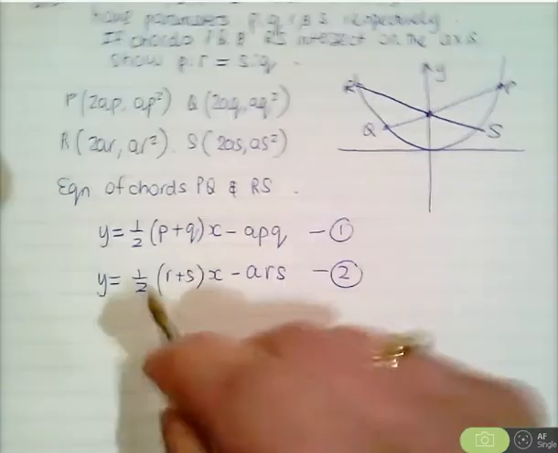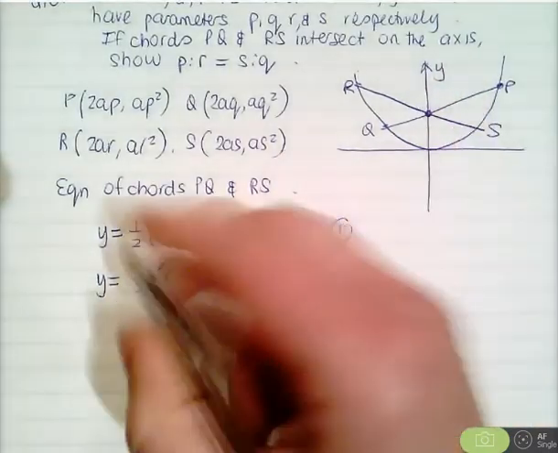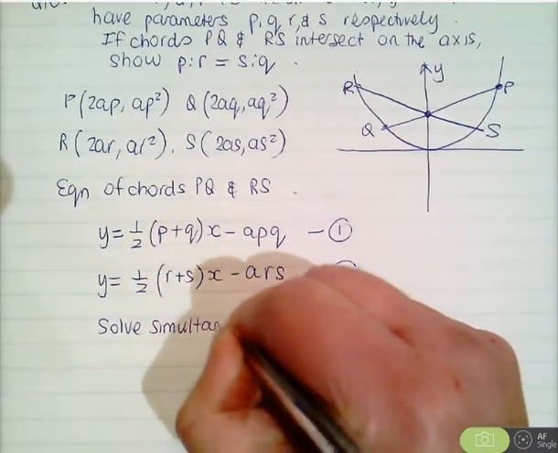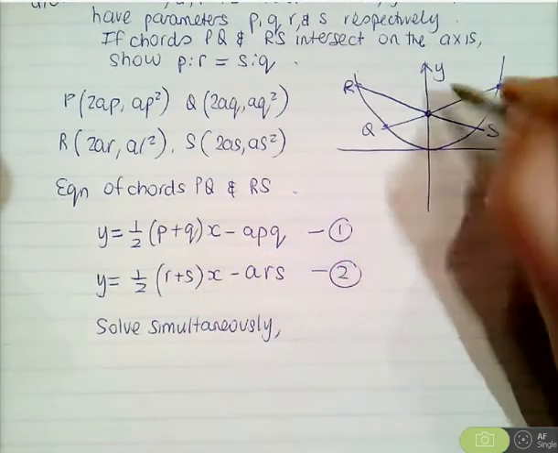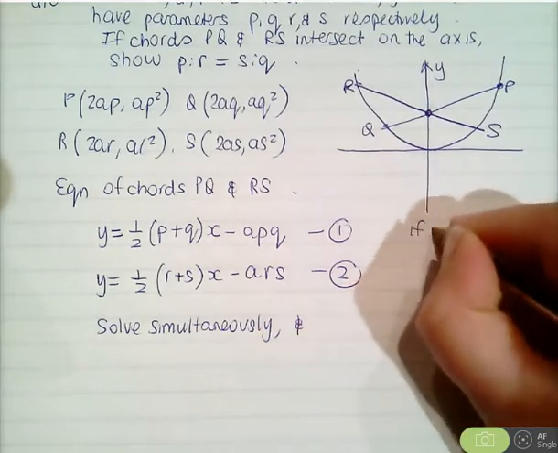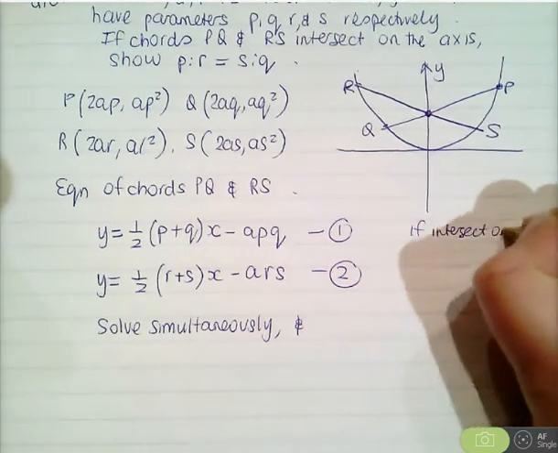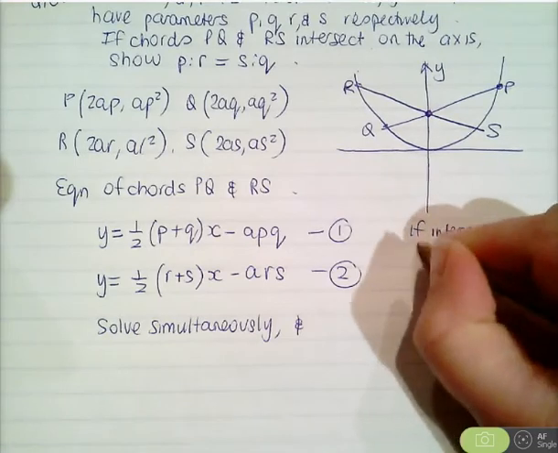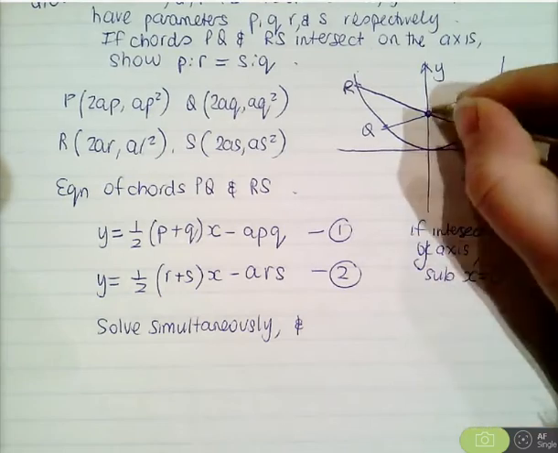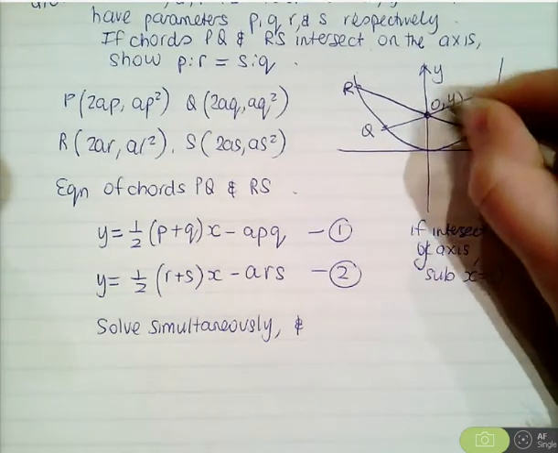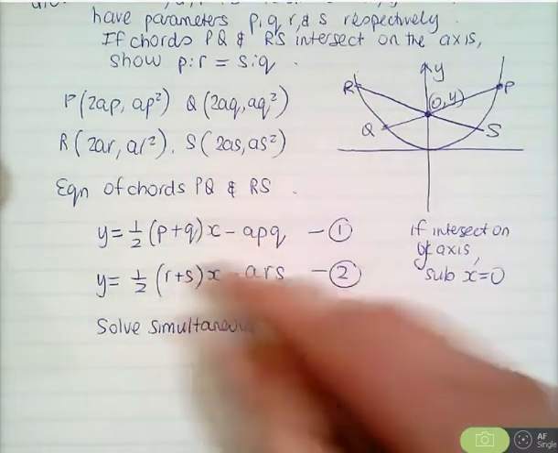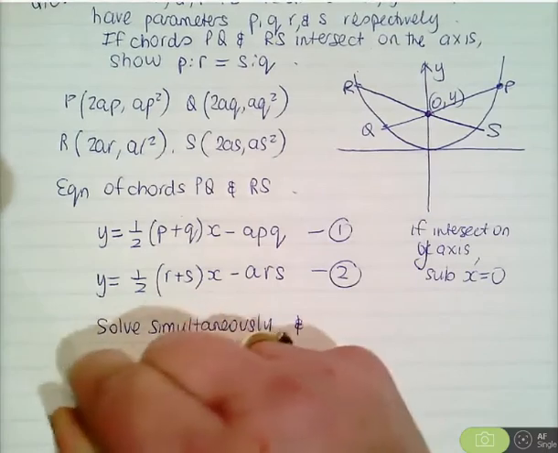But we also know another thing: they intersect on the y-axis, the axis of the parabola, so we can substitute x equals 0, because this point here is (0, y). We don't know what y is, but we can substitute x is 0.